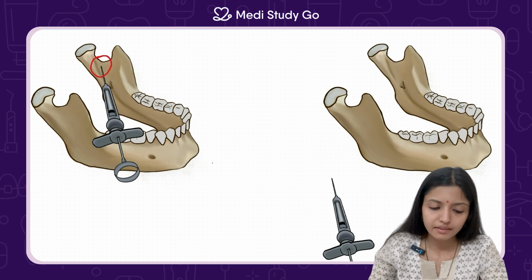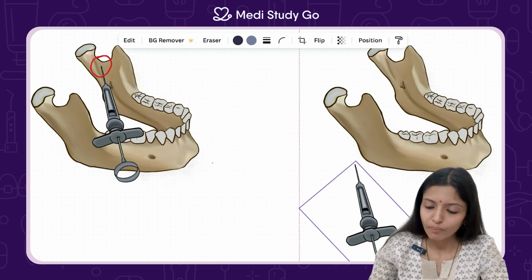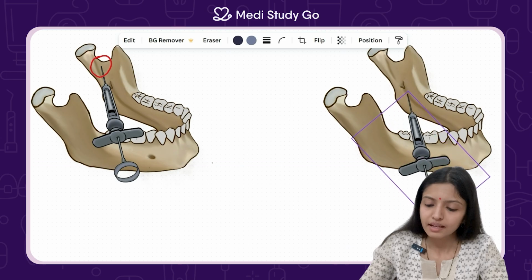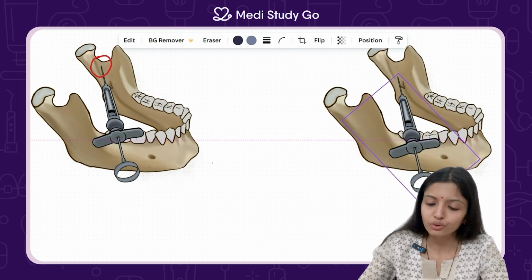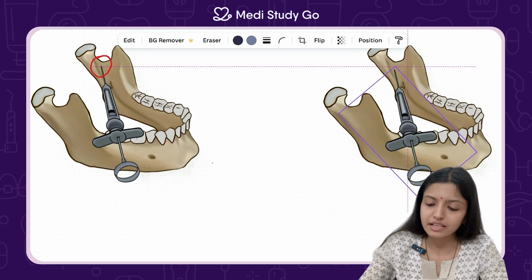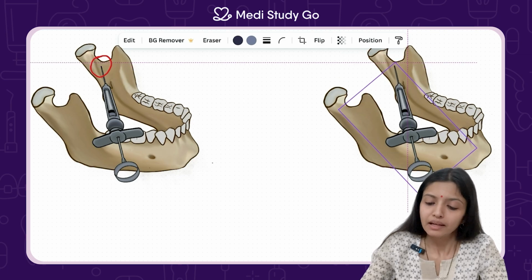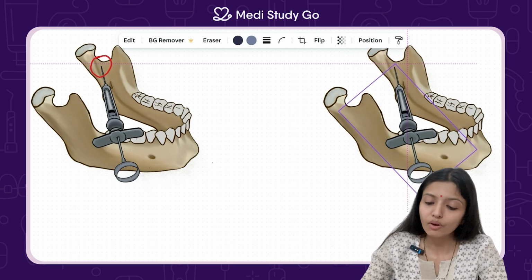So you direct the syringe from the opposite side, and then you take it through the mucous membrane on the mesial aspect of the mandibular ramus, and you have to locate the condylar neck.